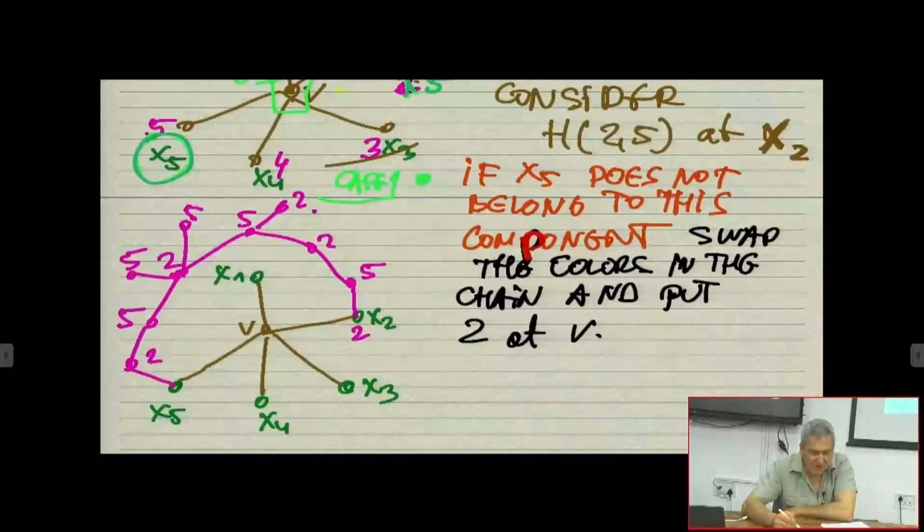And this Kempe chain cannot connect X1 and X3. If it connects, it will have to go through this path, but this path has only colors 2 and 5, and you would need on this path a vertex which is color 1 or 3.